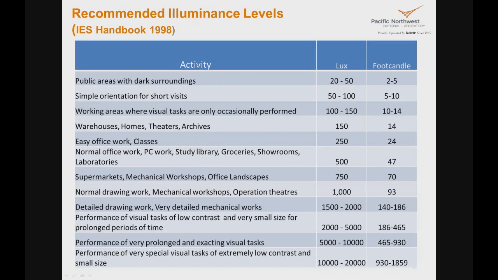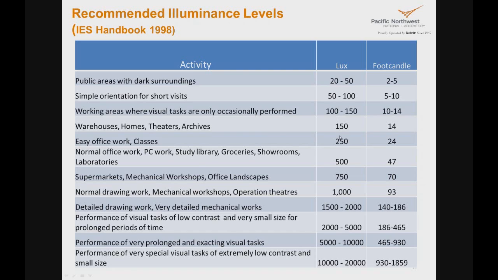As you go down this list, you see that there are three main things that determine how much light is needed: the type of the task, the contrast level, and how long you need to perform the task. So simple tasks like just sitting down in a lobby don't require much light. But if you're reading or typing, then you start requiring more light.